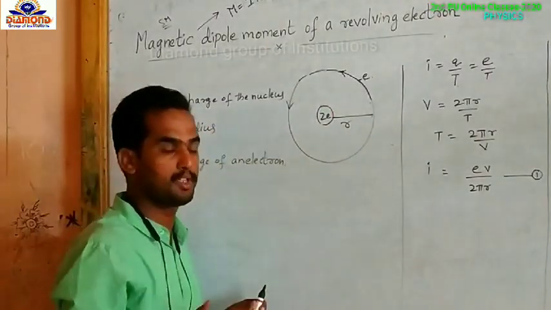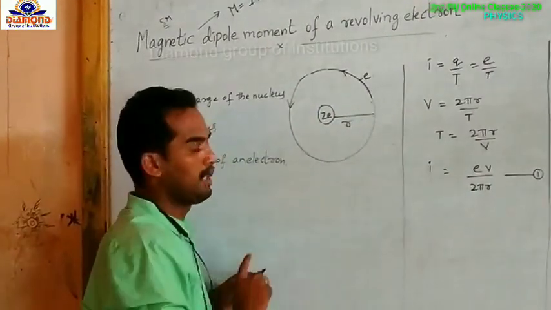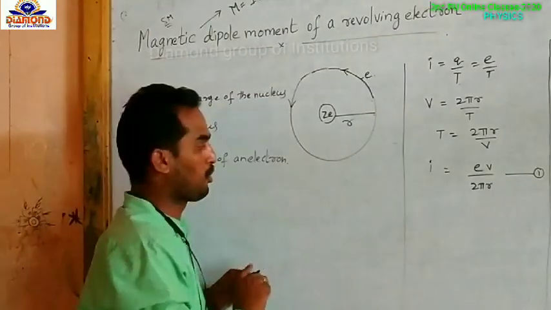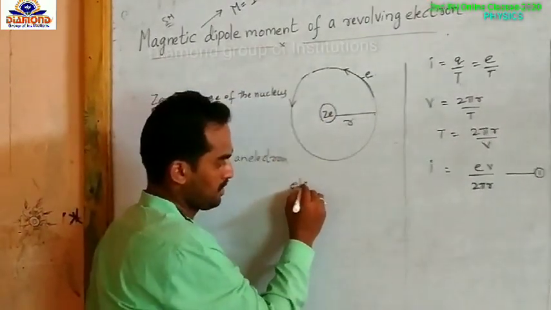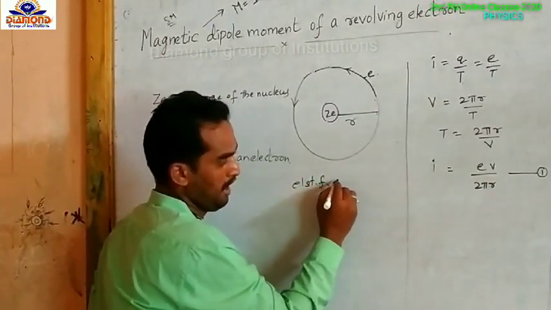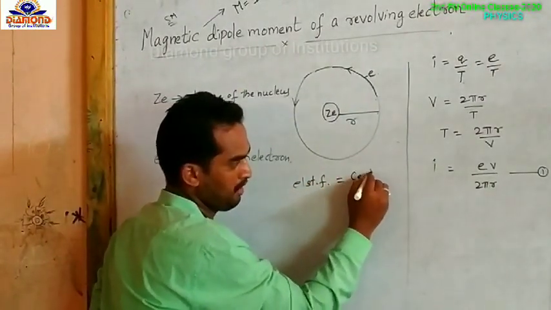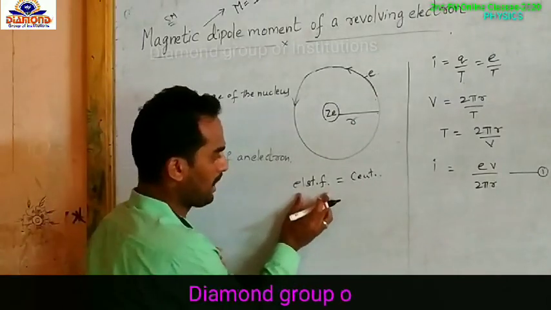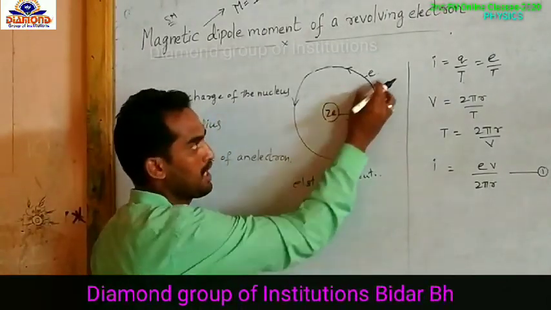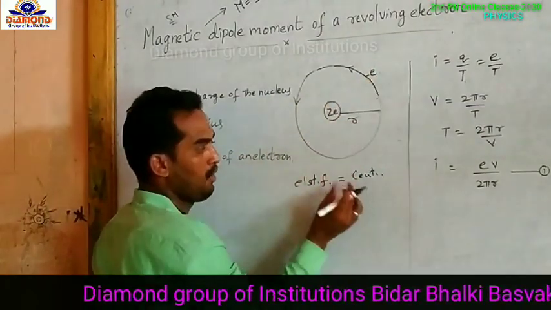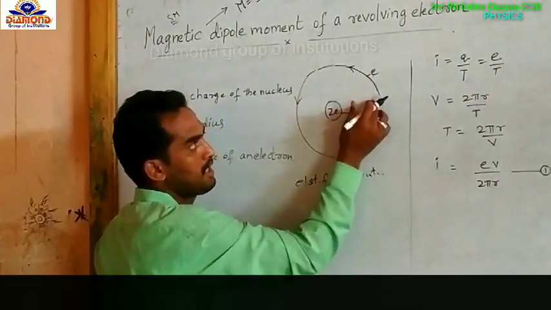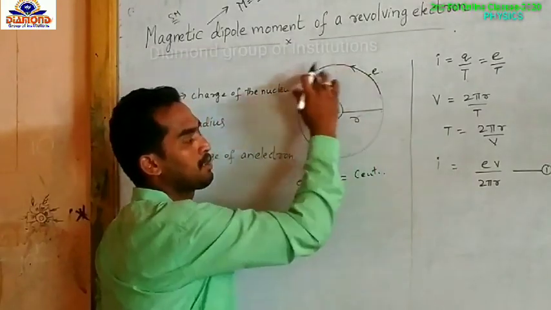According to Bohr's model, two forces exist: electrostatic force is equal to centripetal force. Why this electrostatic force? There are two charges here, one positive charge, one negative charge. And why this centripetal force? This electron is moving in a circular path.